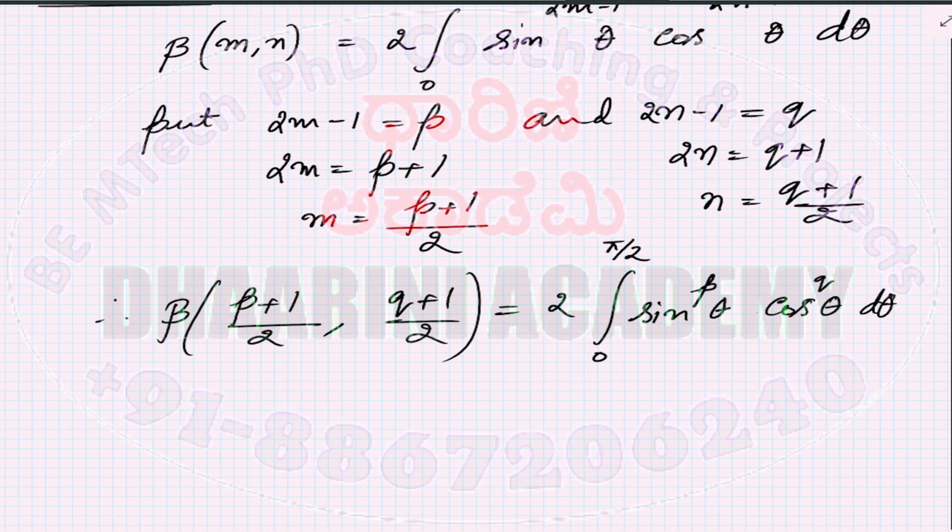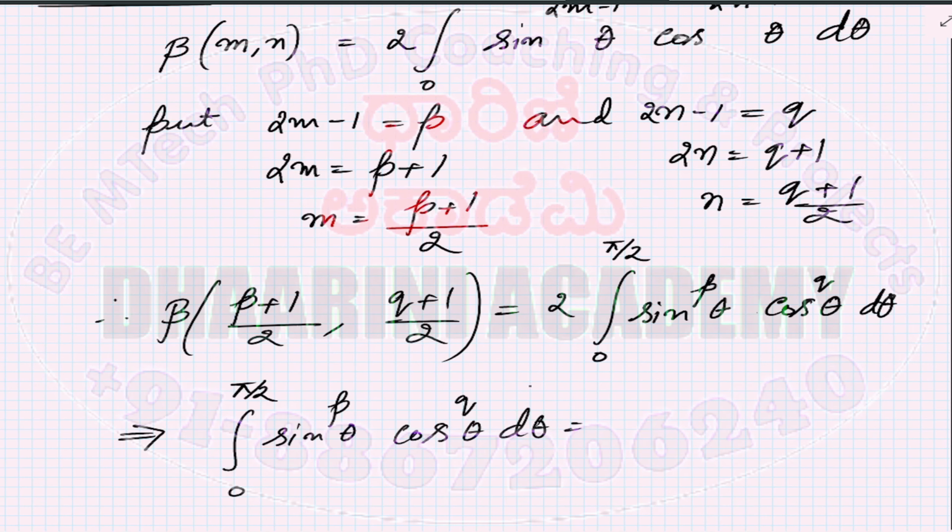Or otherwise, if the question is asked in this format, integral 0 to pi by 2 of sine to the power p theta into cos to the power q theta d theta, the 2 will go to the other side, so that is half of the beta function of p plus 1 by 2 comma q plus 1 by 2.